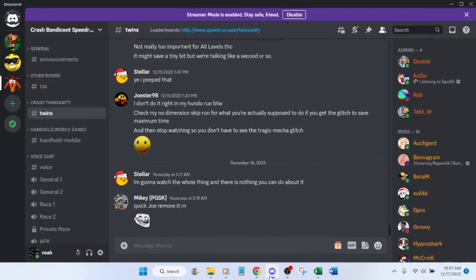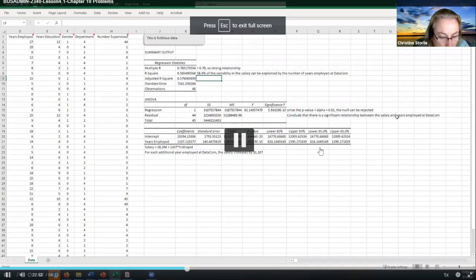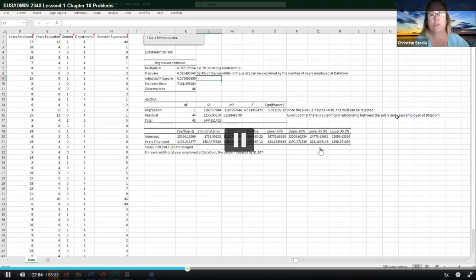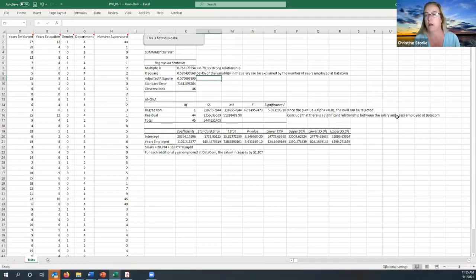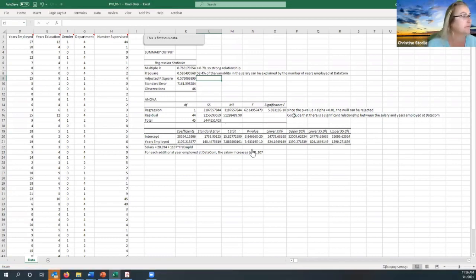There we go. So basically then they talk about how well does the data fit. We're talking about the strength of the relationship and the goodness of fit. So we covered those two things. Goodness of fit.